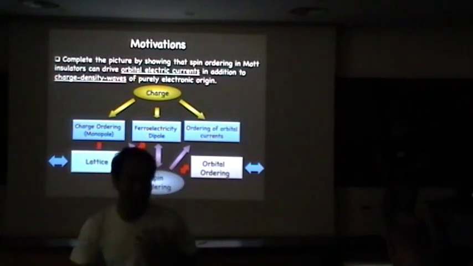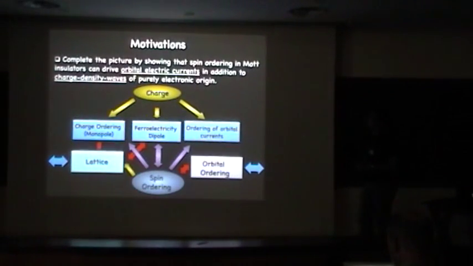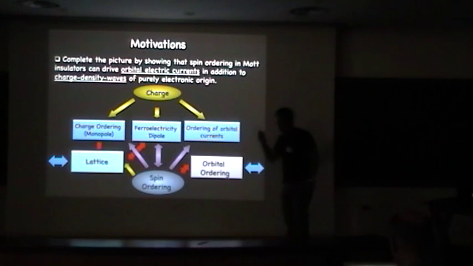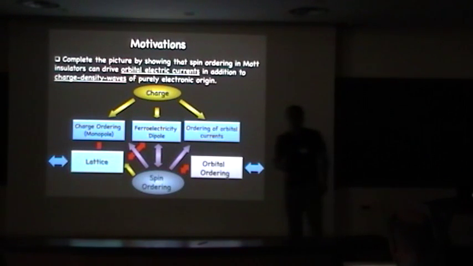Sorry about that. So basically, yesterday I was saying that one motivation for studying these charge effects in multi-insulators is that it provides you with a very simple framework for understanding how spin ordering can induce charge ordering.